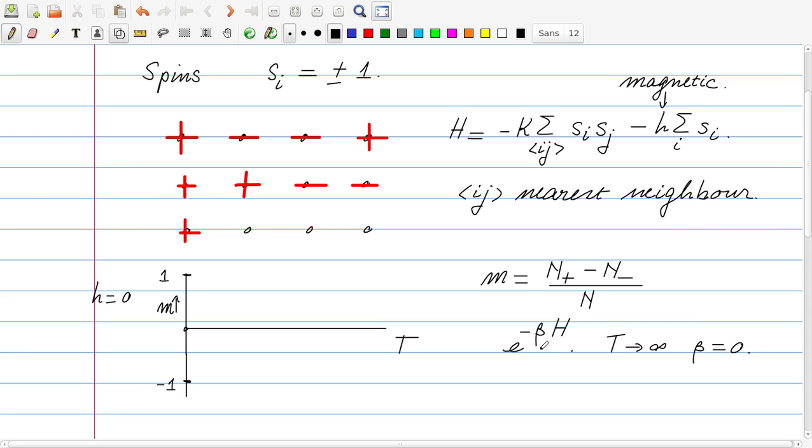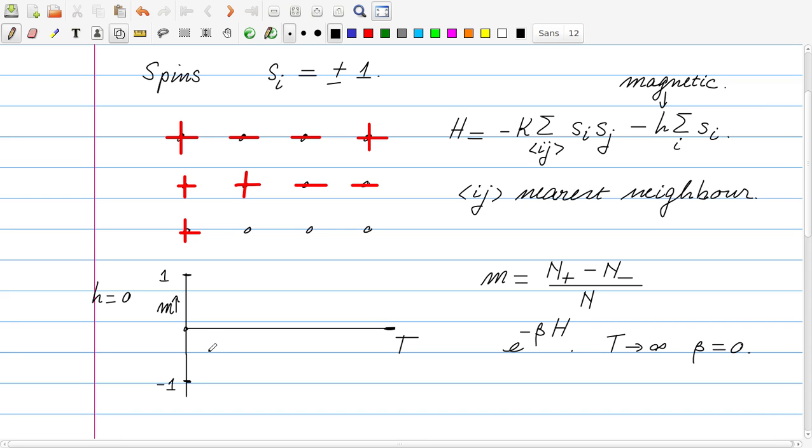The Boltzmann factor for every configuration is the same. And that means that the spins can all be chosen randomly, and therefore on average we expect for high temperatures the magnetization to vanish. So this is what we expect at high temperatures, and now we can guess what happens in between. In particular, we could start at T is 0 and then ask ourselves what would happen if we increase the temperature a little bit.